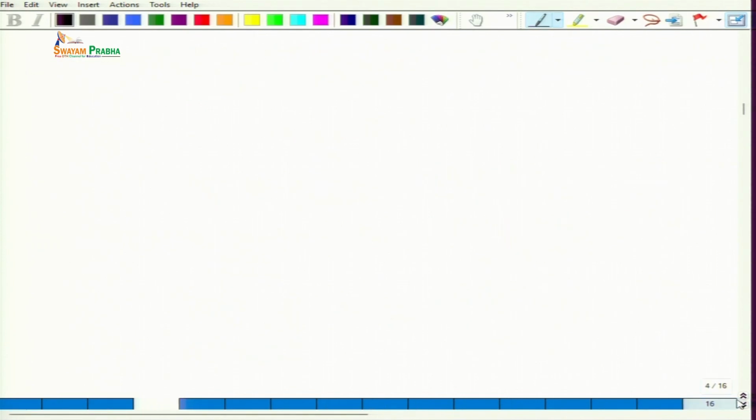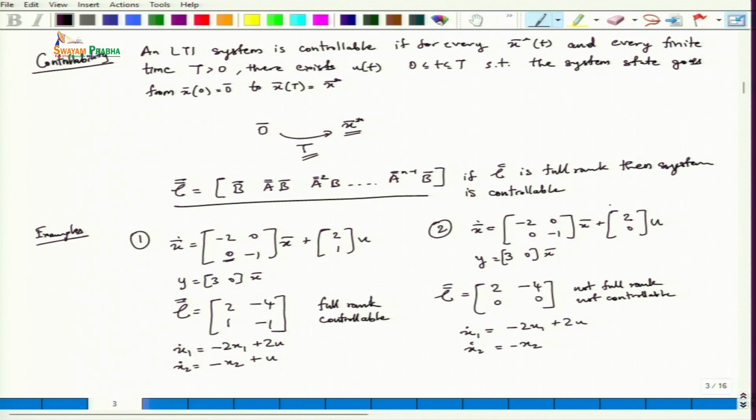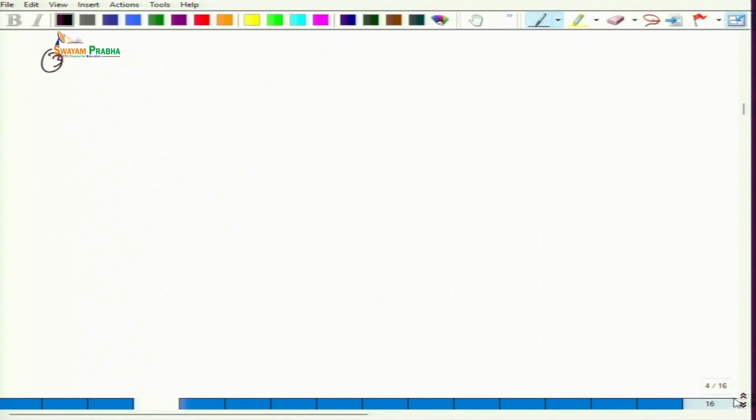For that, let us look at another example. What we are going to do is take this same system, but here instead of this 0 we are going to have a 1. So we are going to get 2, 1, minus 2, 0, 1, minus 1, 2, 0.